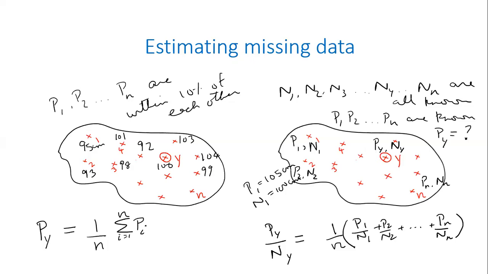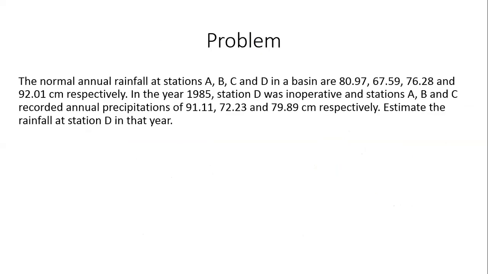So we'll just solve one quick example, and then hopefully people will understand this. In any case, it's not very difficult. The normal annual rainfall at stations A, B, C, and D in a basin are 80.97 and so on, four numbers given, in centimeters respectively. In the year 1985, station D was inoperative, and stations A, B, and C recorded annual precipitations of 91, 72, and 79.89 centimeters respectively.